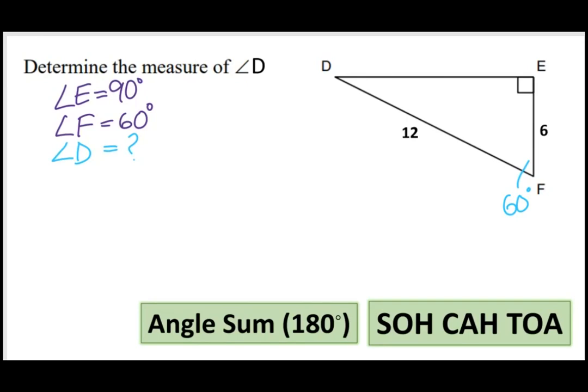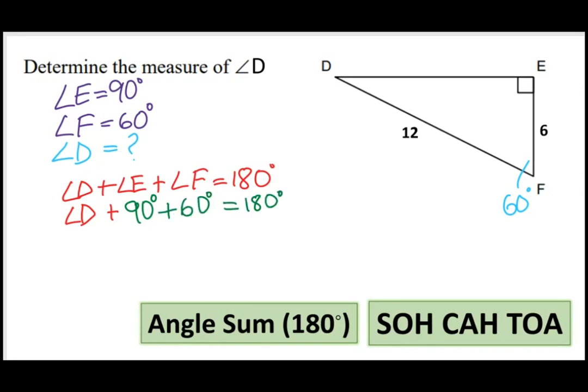The Angle Sum Theorem states that the sum of all interior angles in a triangle equals 180 degrees. So angle D plus angle E plus angle F equals 180 degrees. Let's plug in our numbers. Angle E is 90 degrees and angle F is 60 degrees.